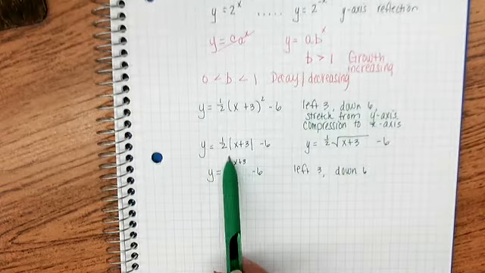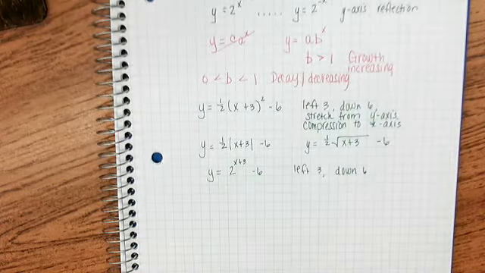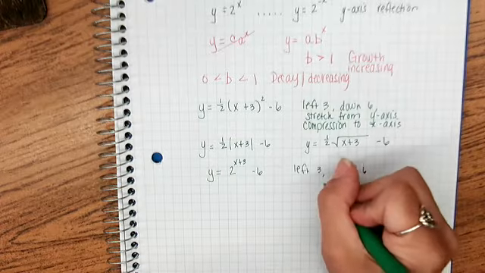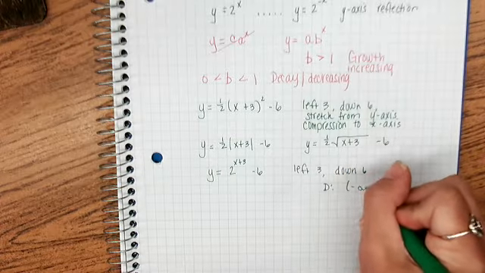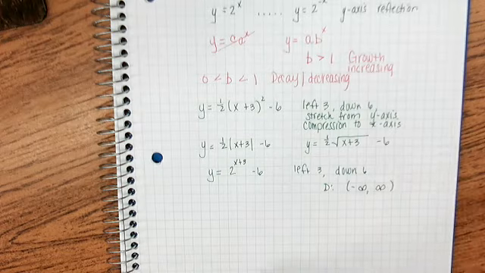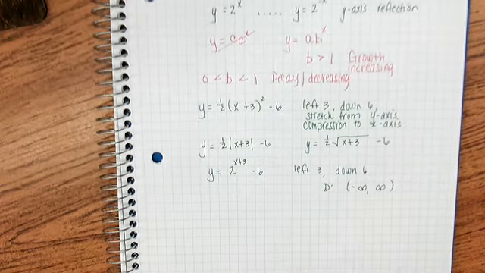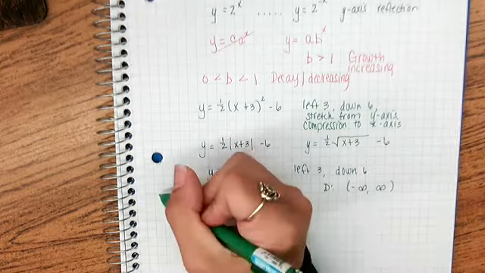Domain, x. Are there any restrictions on what x can be? Nope. So the domain, I can plug in whatever I want for x, -infinity to infinity. Normally, the range is y is greater than 0 for the parent function.